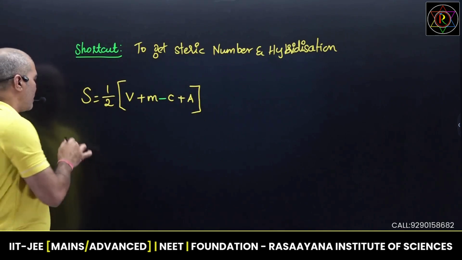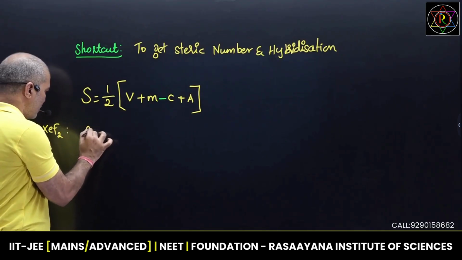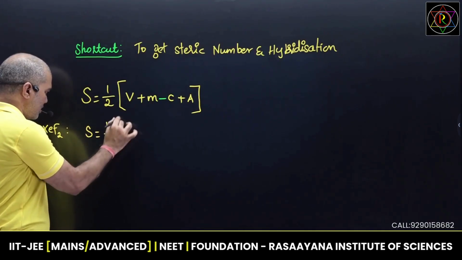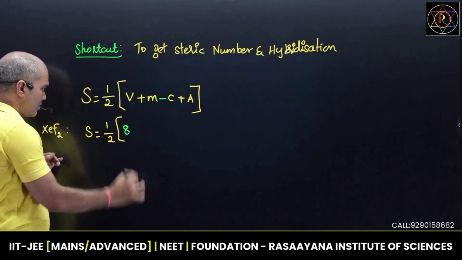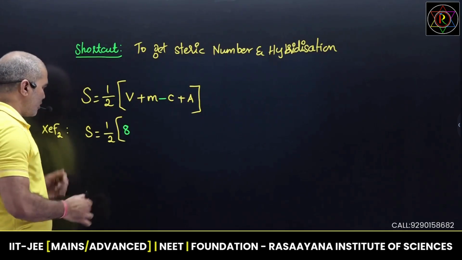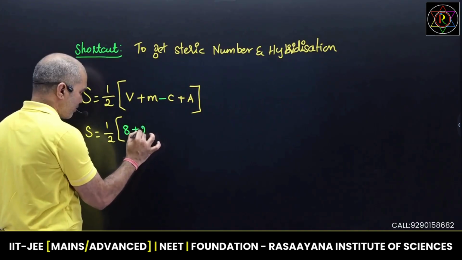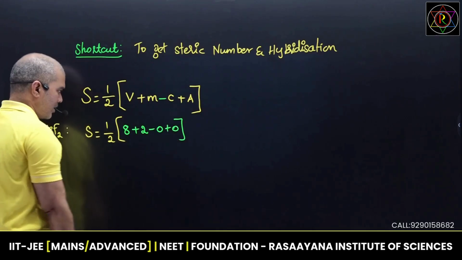Let us apply it for XeF2. What is the steric number? This is half of: central atom is xenon, 8 valence electrons. How many monovalent? Fluorine is monovalent, oxygen is divalent. So fluorine is monovalent, we have 2. Minus 0 plus 0, no cationic or anionic charges.